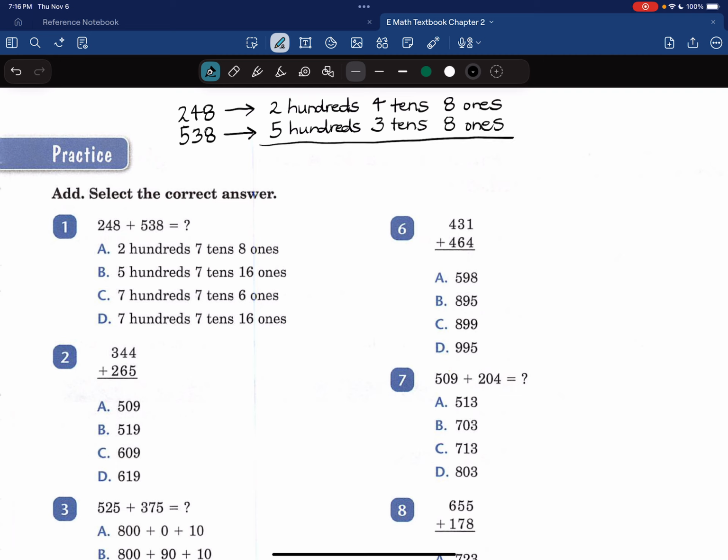And then we're going to add those together. So I end up with 7 hundreds, 7 tens, and 16 ones. And so I like answer D for this one.